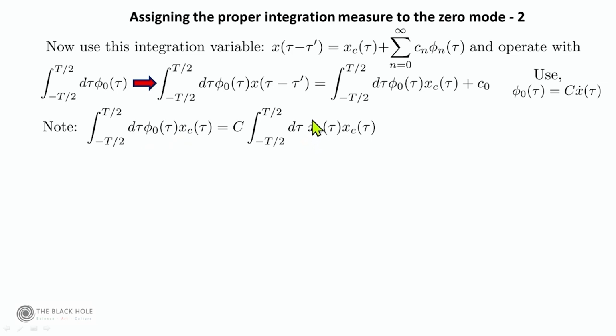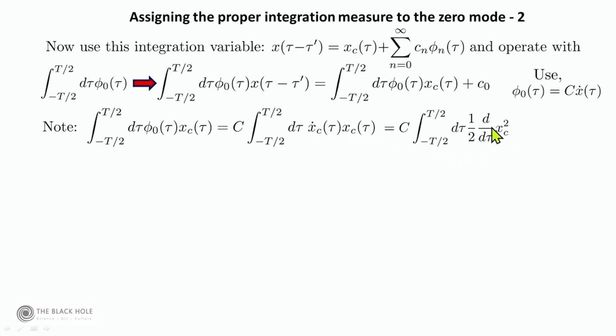That's xc dot xc. What is that? That's just half d by d tau of xc squared. Differentiate this. The 2 cancels. There's xc dot xc. Fine.